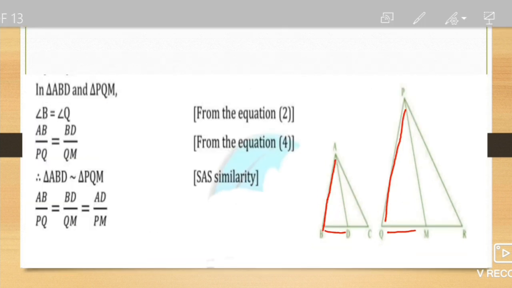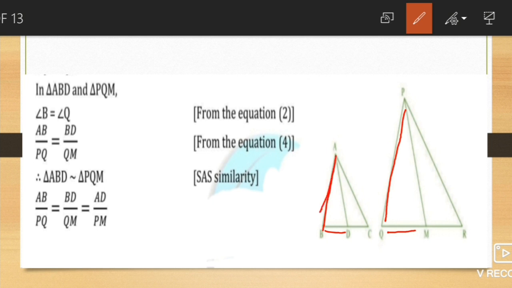So if you take triangles ABD and PQM, angle B is equal to angle Q from equation number 2, and from equation number 4, AB by PQ is equal to BD by QM.